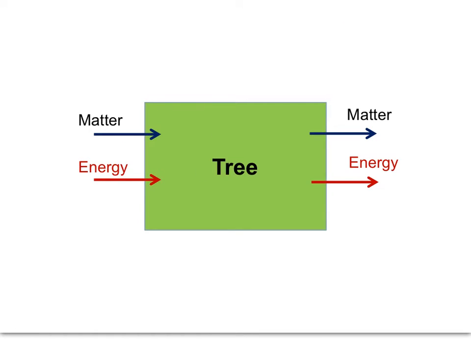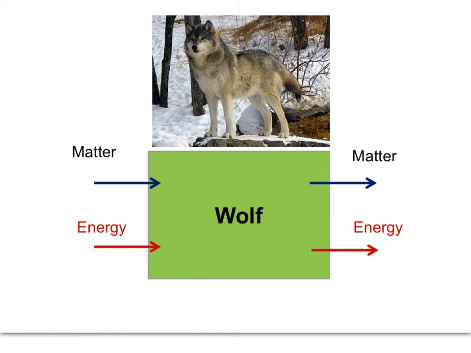A tree exchanges energy in the form of light and heat, and matter in the form of carbon dioxide or water and oxygen. Animals are open systems as they take in food and release heat as energy and carbon dioxide through respiration. The food that animals take in contains both matter and energy.